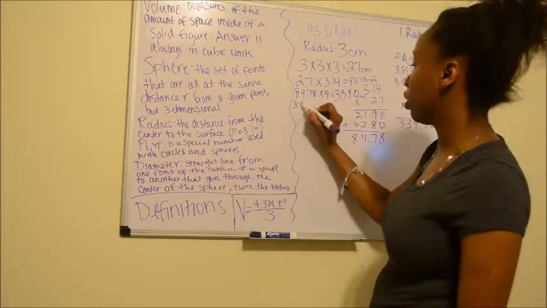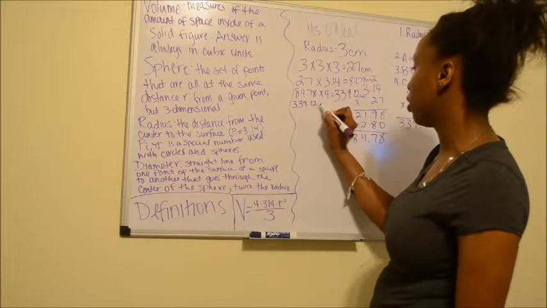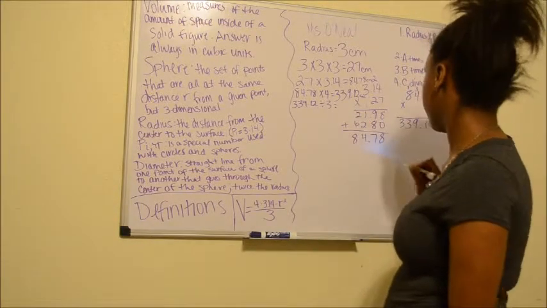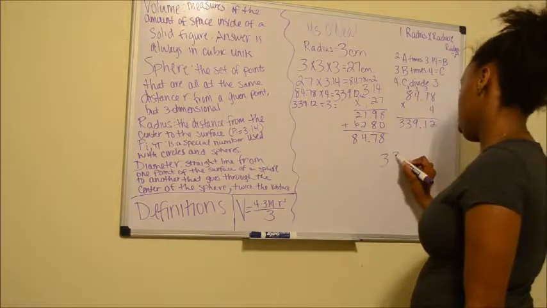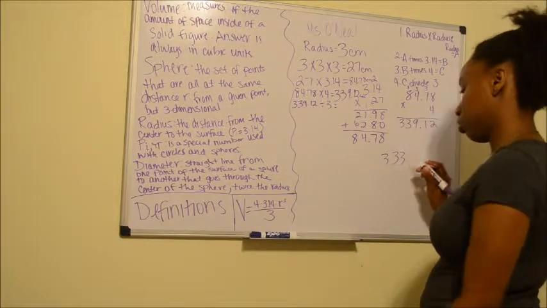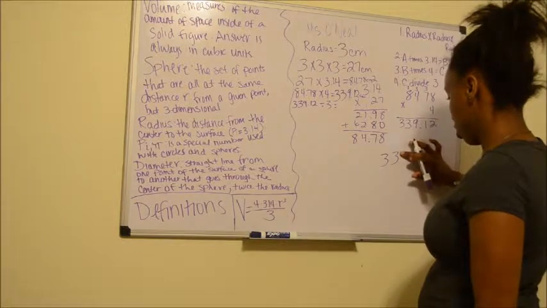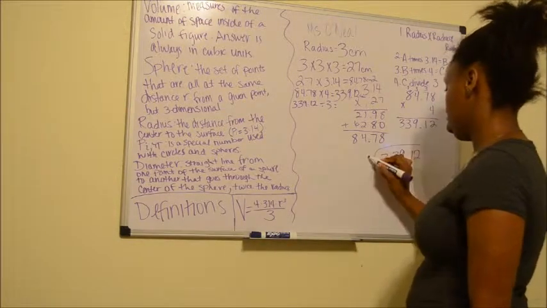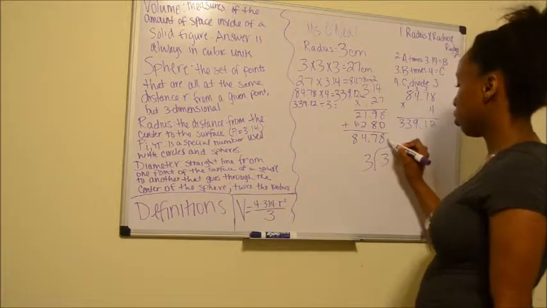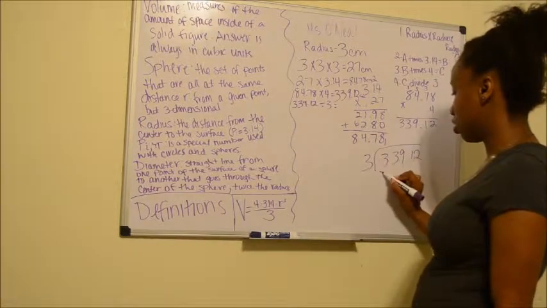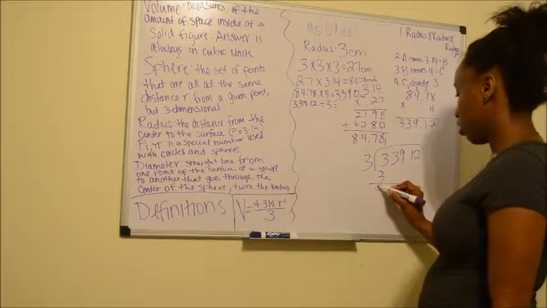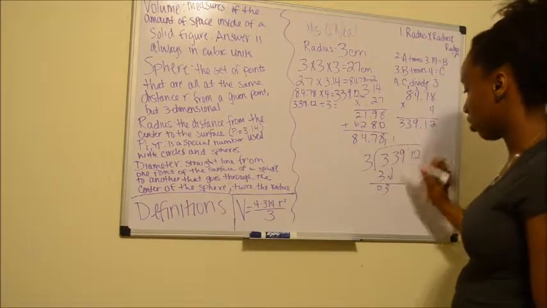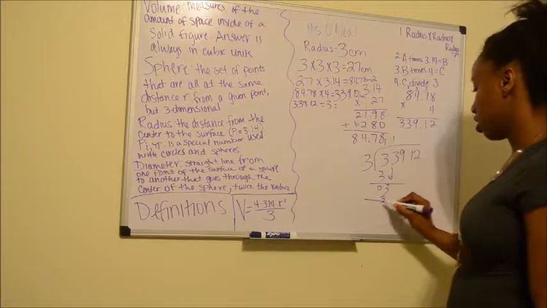So we're going to go 339.12 divided by 3. Three goes into 3 once. 3 times 1 is 3, which leaves 0. Bring down your 3. 3 goes into 3 once. 3 times 1 is 3, which leaves 0.